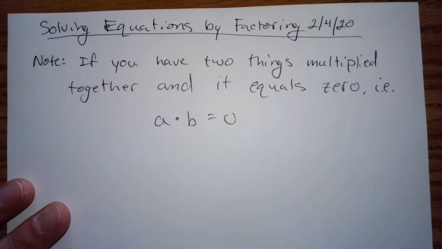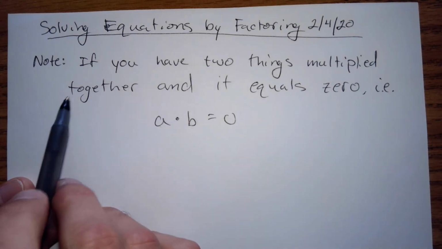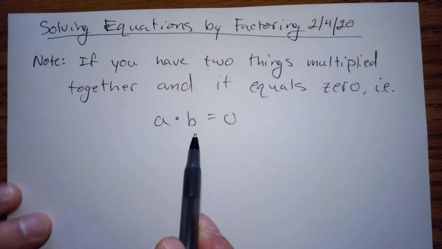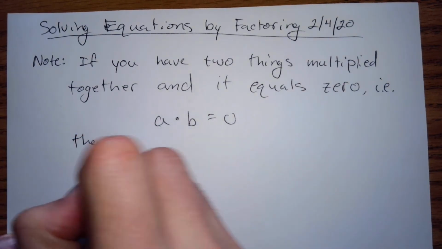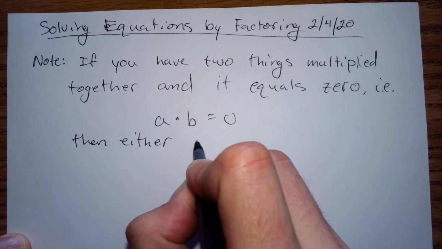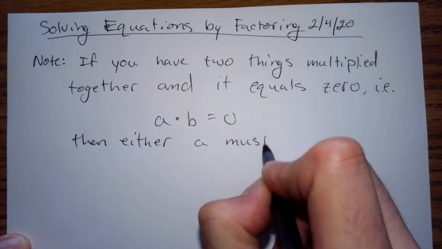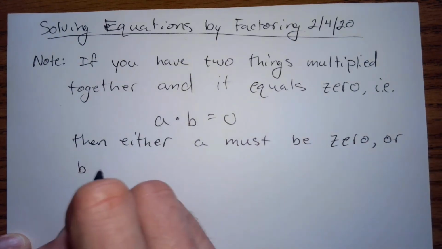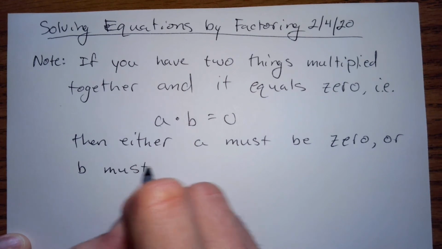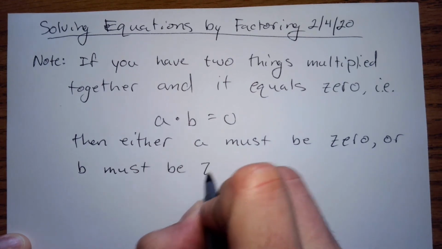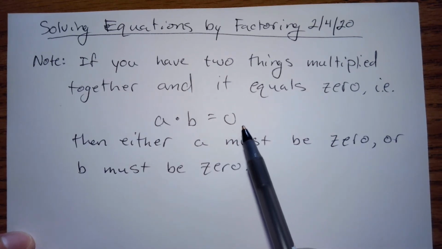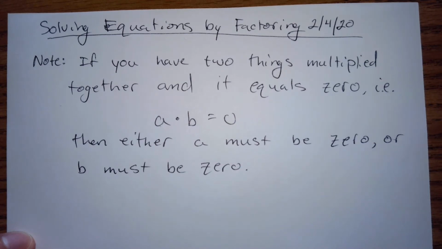If you have two things multiplied together and it equals 0, then either A must be 0 or B must be 0. There's no other way to end up with a 0 on the other side unless one of them is 0. So that's called the zero product property.